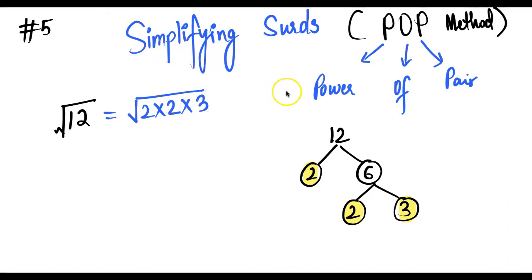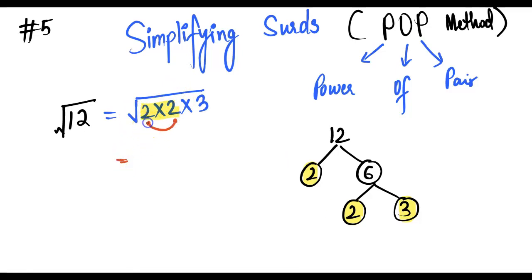Now let's think of the POP method. What the POP method is: pair. We have to check the number that is in pair. So 2 is in pair. We will be taking the number that is in pair out of the SURD. The number that is in pair can leave the SURD.